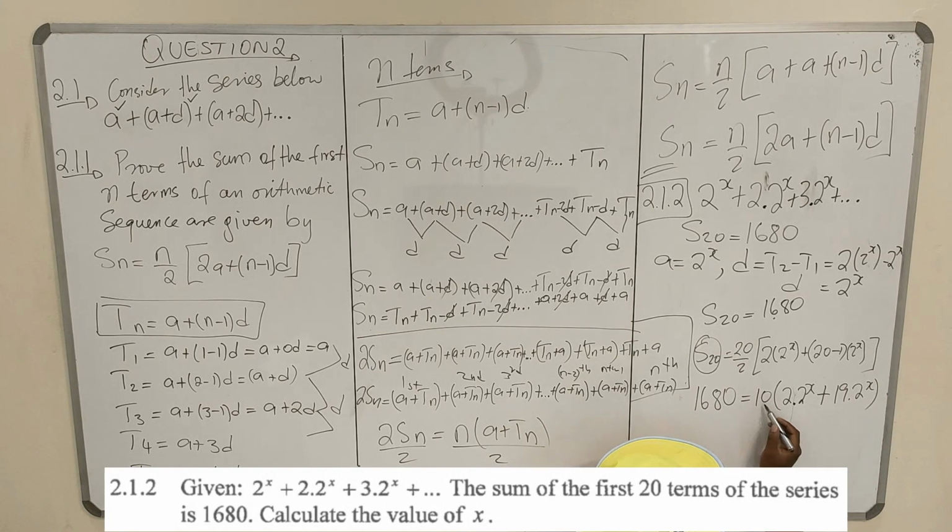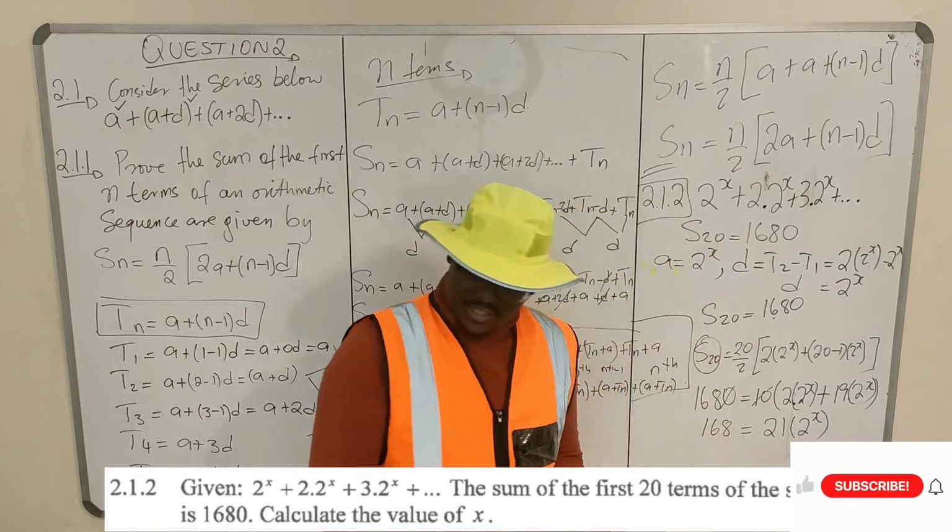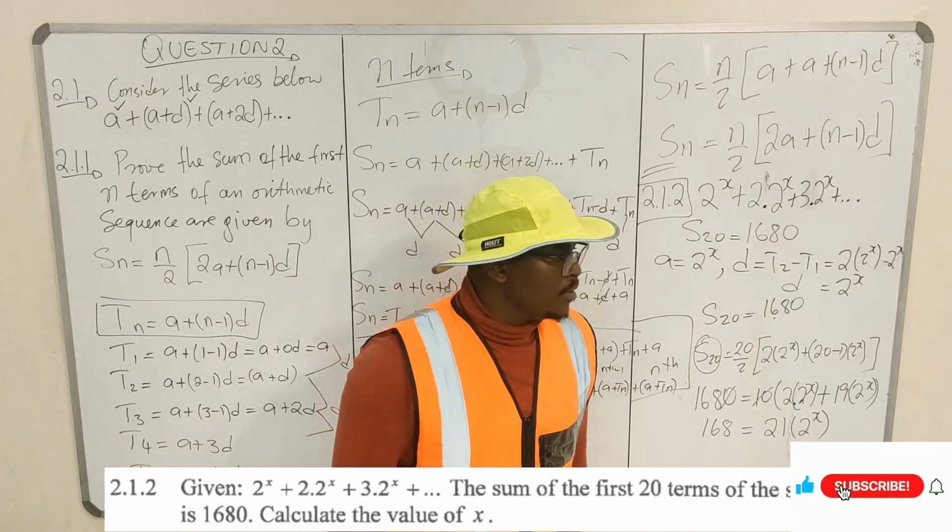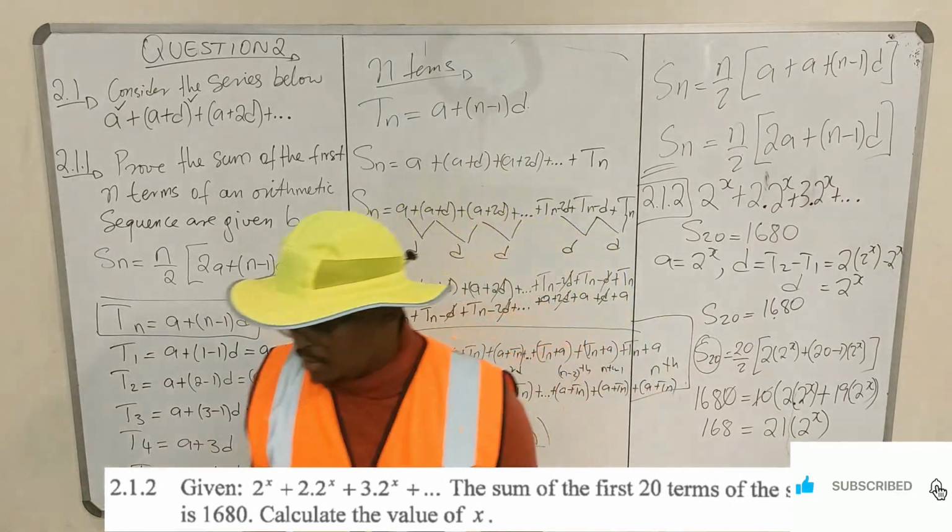Right? So you solve for x. Divide by 10 both sides. So we have 168 is equal to this times that. So we are adding 2 of these to 19 of them, so we have 21 of these things. Right? So what are the factors of 168? Let's find them. Where is the calculator?